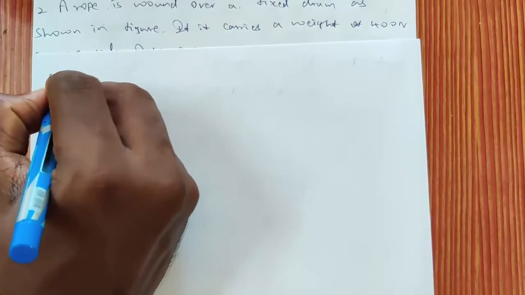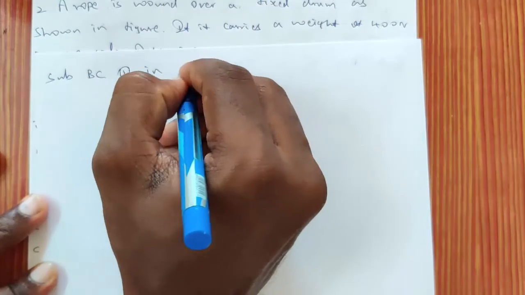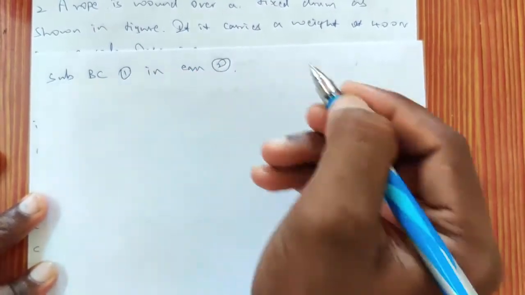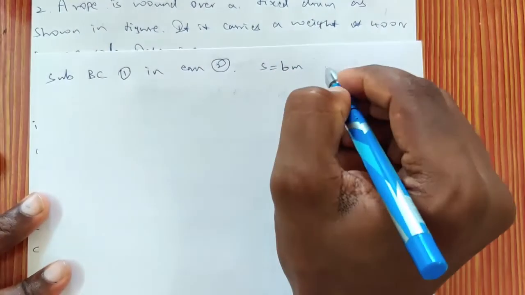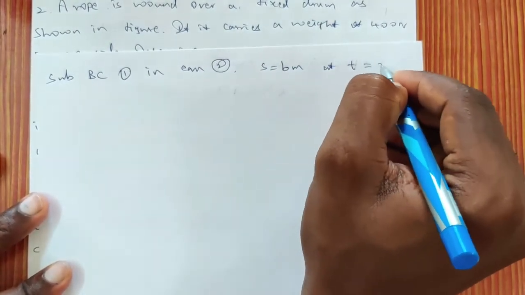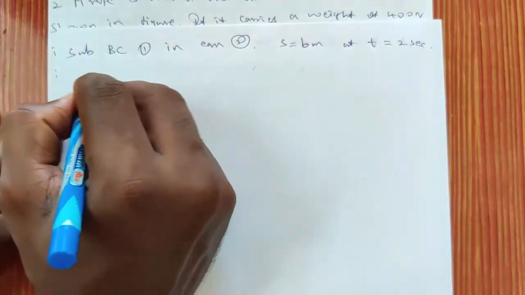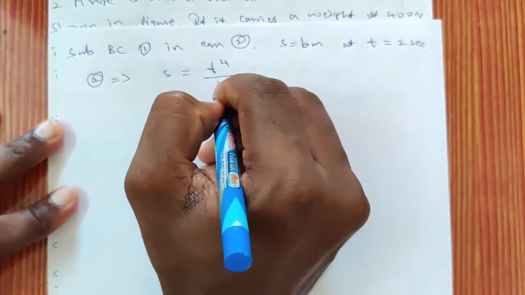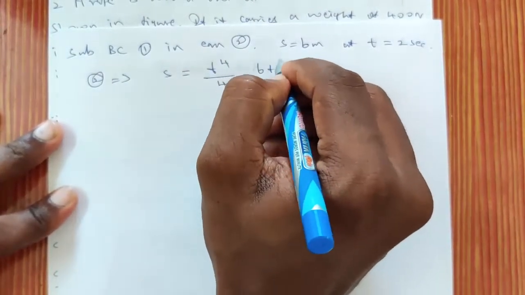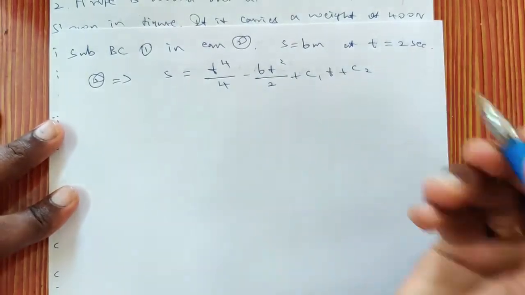So let us substitute the first boundary condition. Substitute boundary condition 1 in equation number 2. The first boundary condition is s = 6 meter at t = 2 seconds. Now the second equation is s = t^4/4 - 6t^2/2 + c1 t + c2.